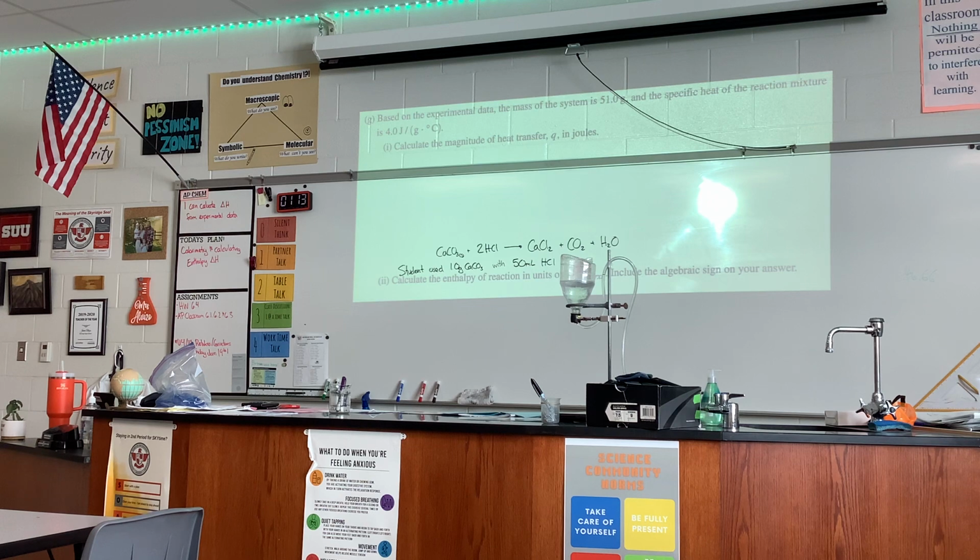It's 100 grams per mole, because calcium weighs 40 grams, the carbon weighs 12 grams per mole, and 3 oxygen would weigh 48.